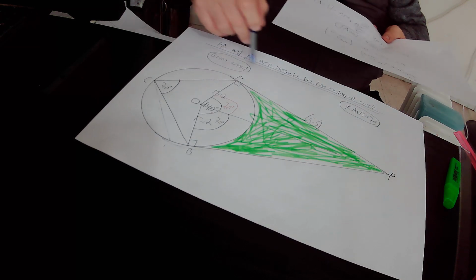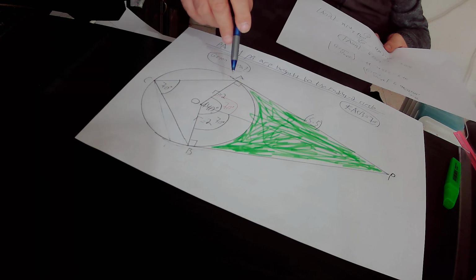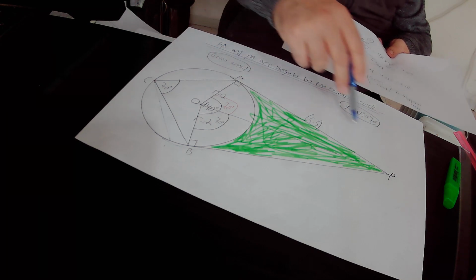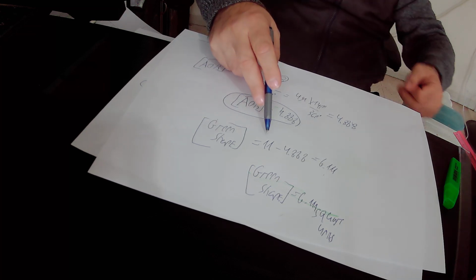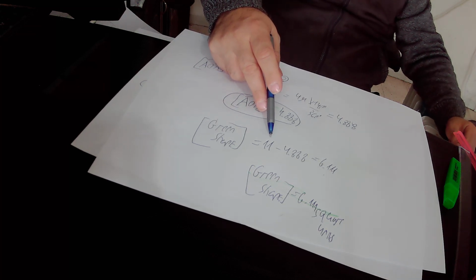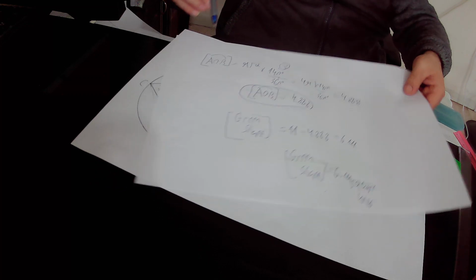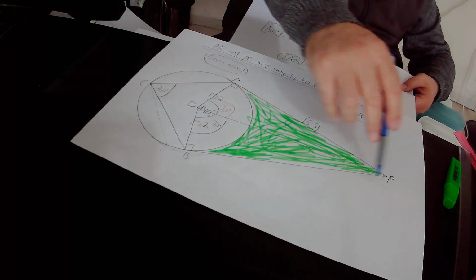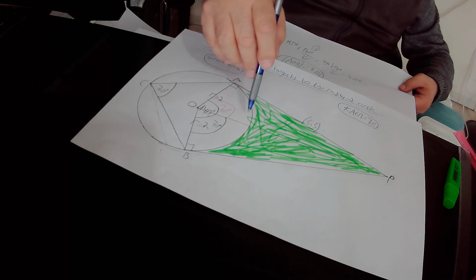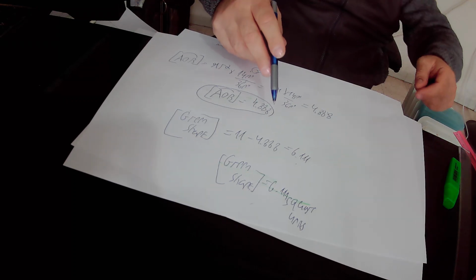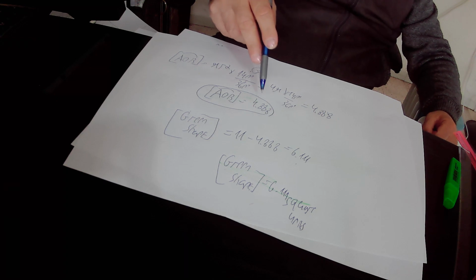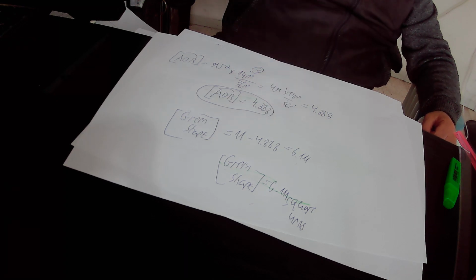So the area of the green shape equals the area of quadrilateral AOBP. We already found that the area of quadrilateral AOBP equals 11 square units, and we have to subtract from it the area of this sector AOB. We just found that the area of sector AOB equals 4.888 square units.